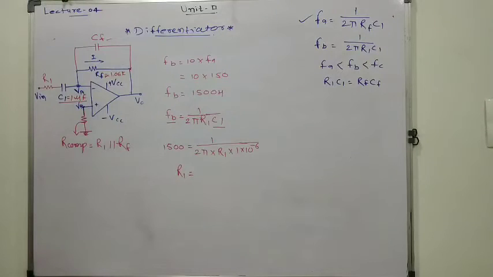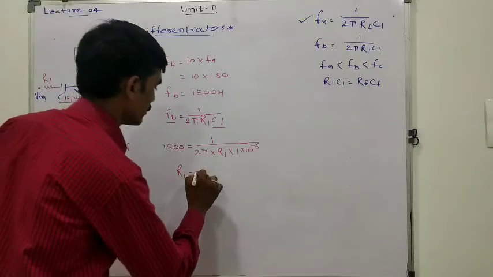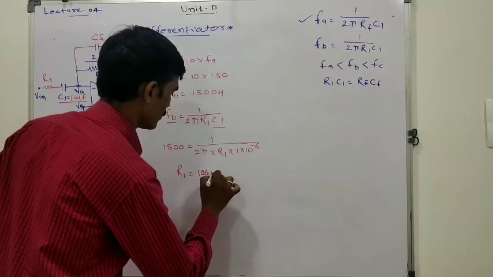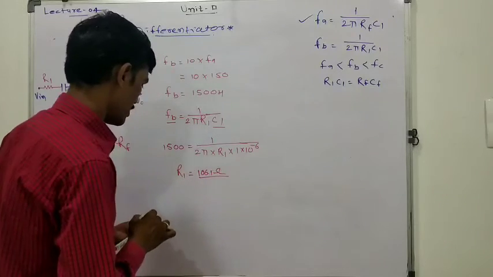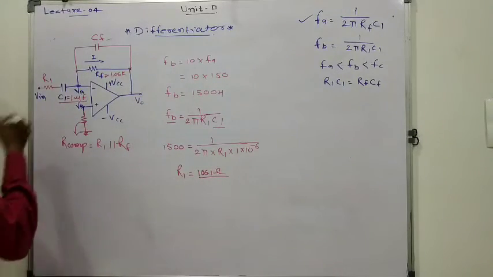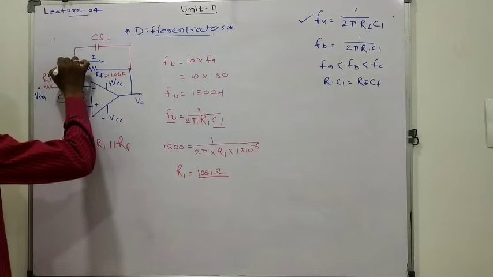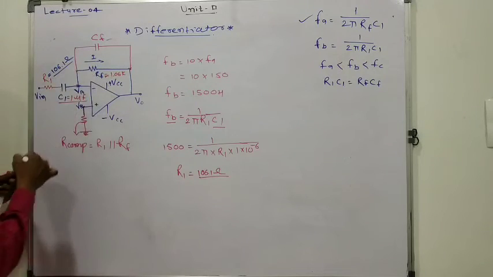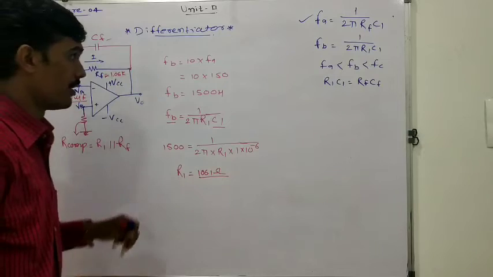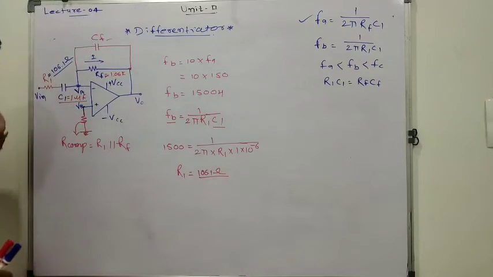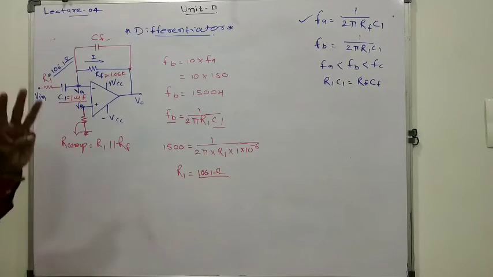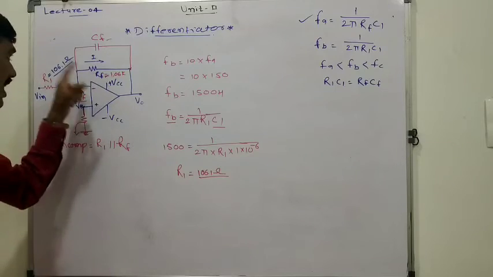We directly calculate R1 as 106.1 ohm. So this is the value of R1. Up to this point, from this circuit we get three values, that is R1, C1, RF.